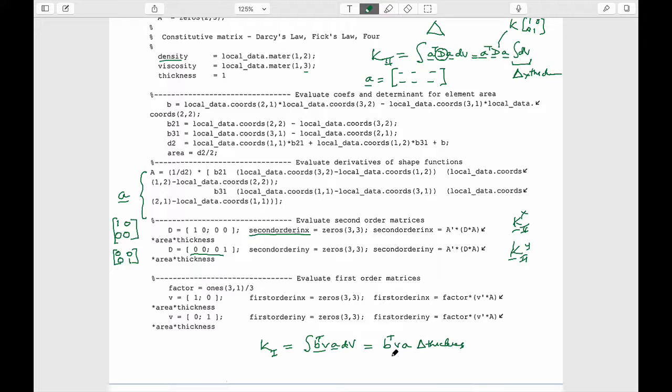And this term here, just like the D matrix, is a term which includes both Vx and Vy.